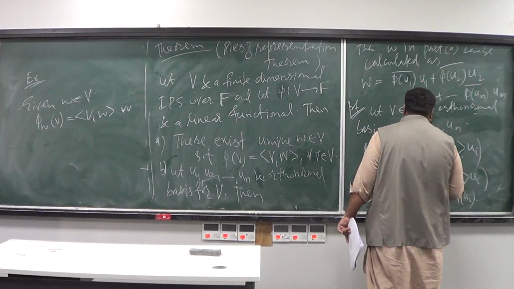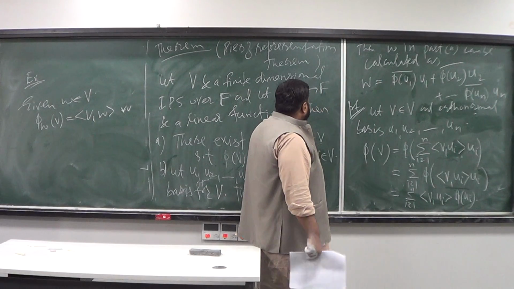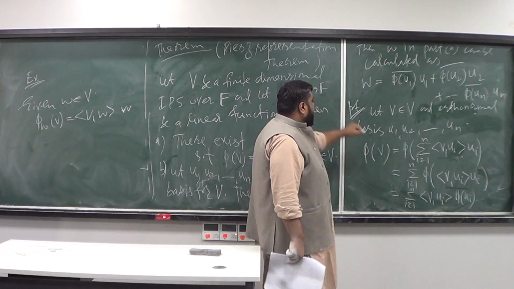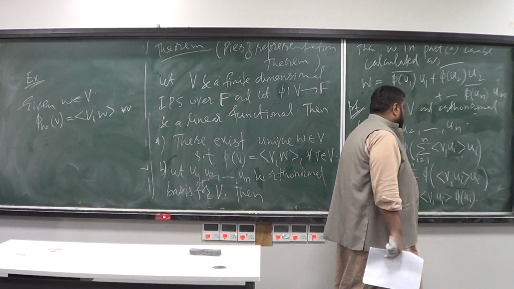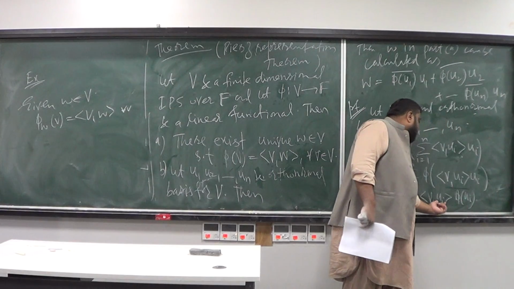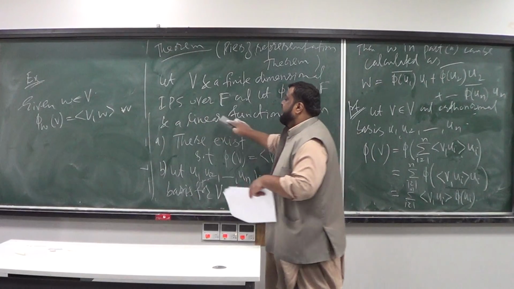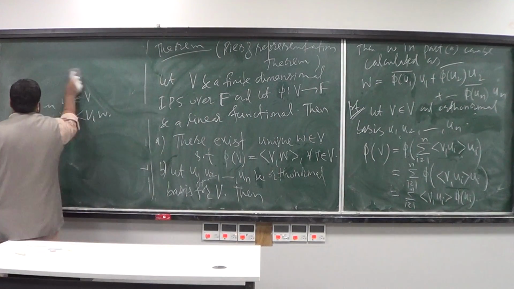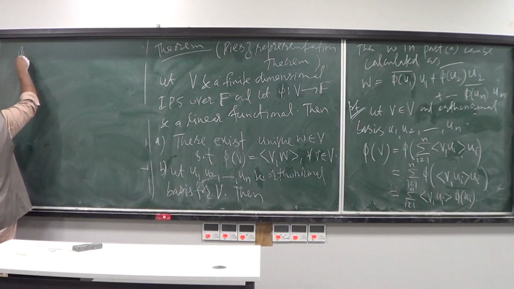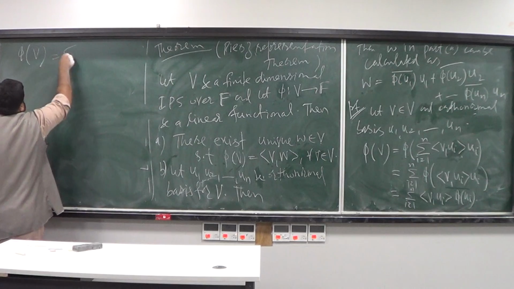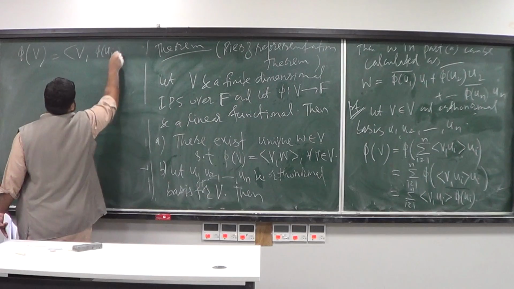Now, by the way, what is phi of ui? Phi is a map from V into F. So ui is a vector here, and phi of ui is a number actually. If I take this number and multiply it with the second component, what would it become? So phi of v will become the inner product of v with phi of ui conjugate, times ui.